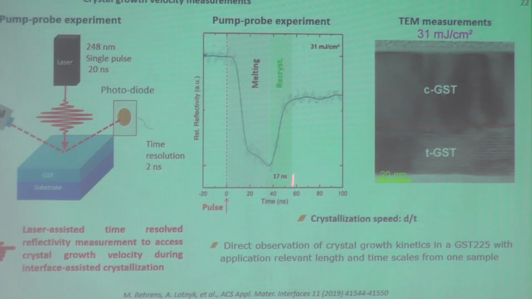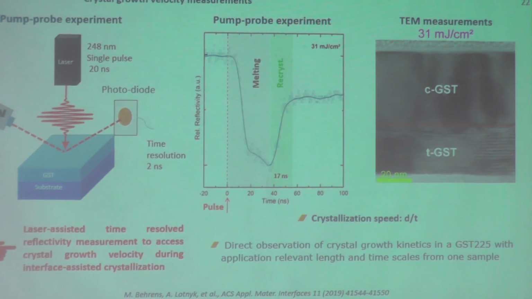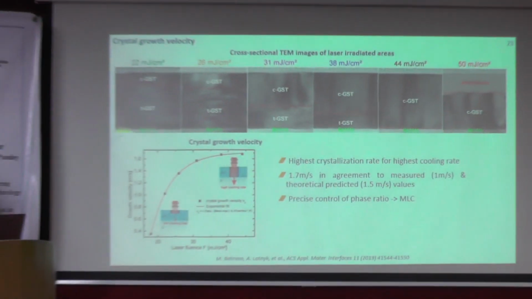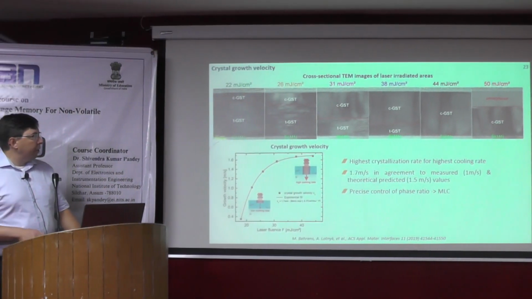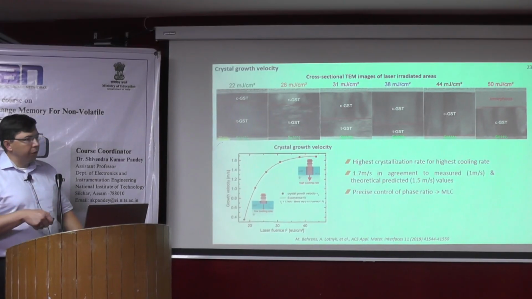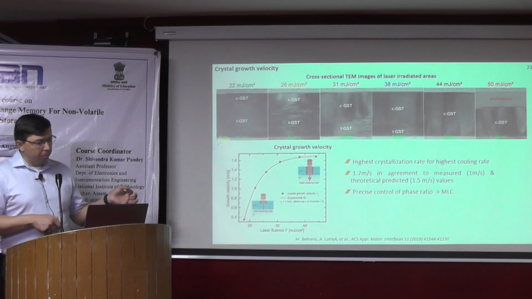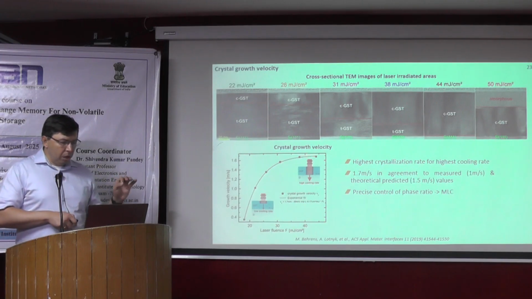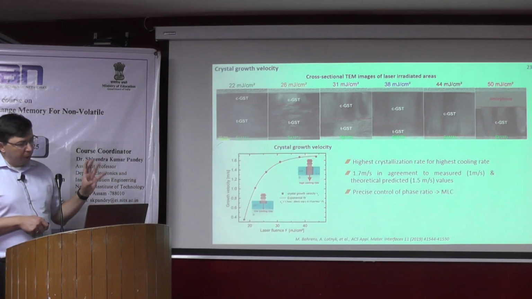This is the time for recrystallization. So now if you do it like this, we can measure it. We can irradiate the thin film or epitaxial thin film in one setup. So we have one thin film having almost the same structural properties at different places.